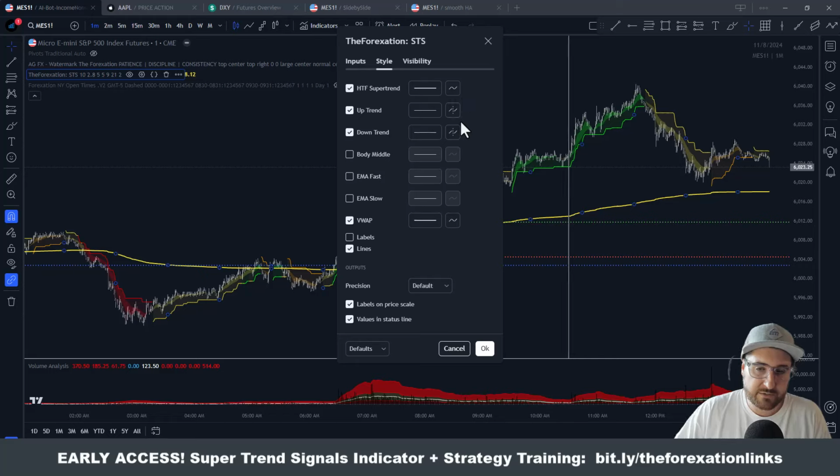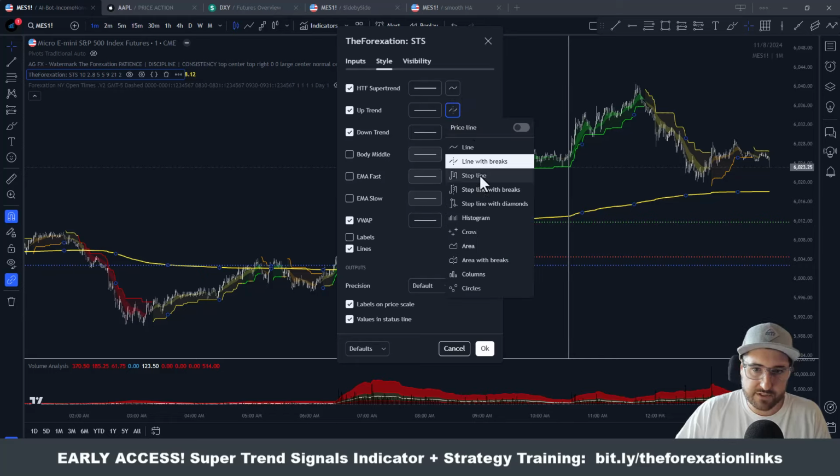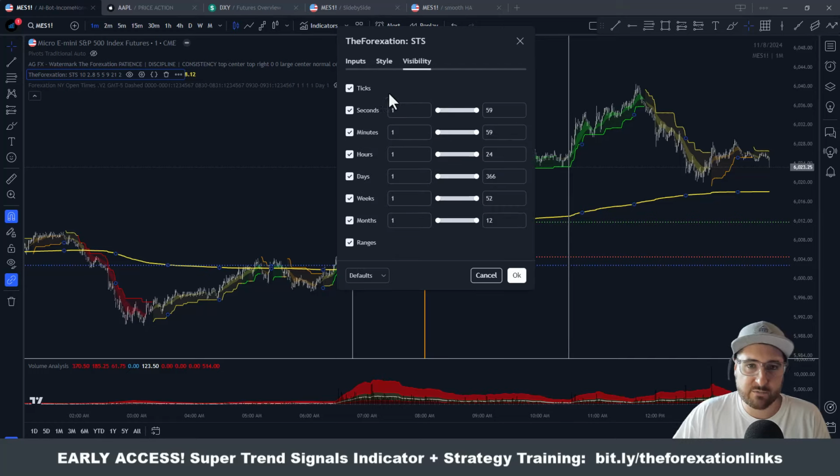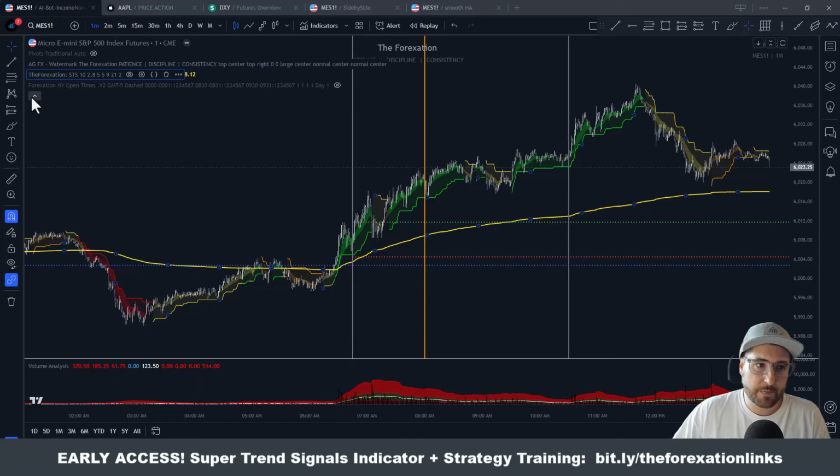You could style them how you want. You could change thickness, all that stuff. Turn the lines off, turn the labels off, turn the VWAP off, and you can control what time frame this does show on, if you don't want to see it on the month, weeks, or days. So that is the indicator.